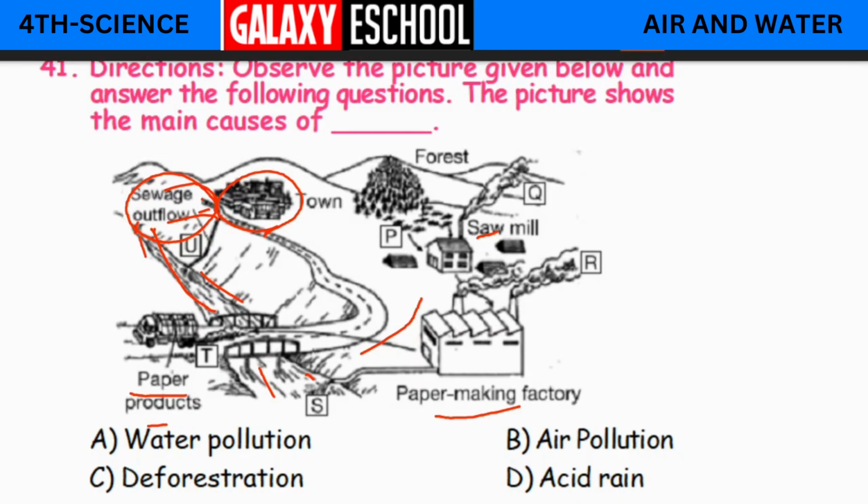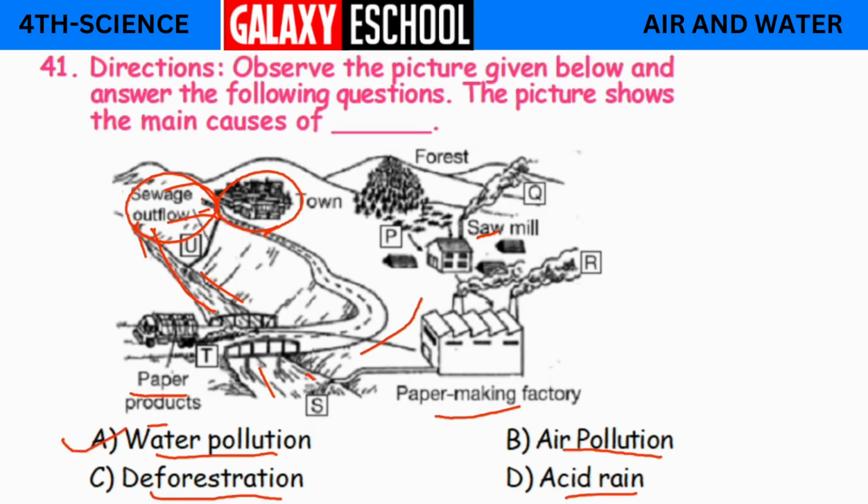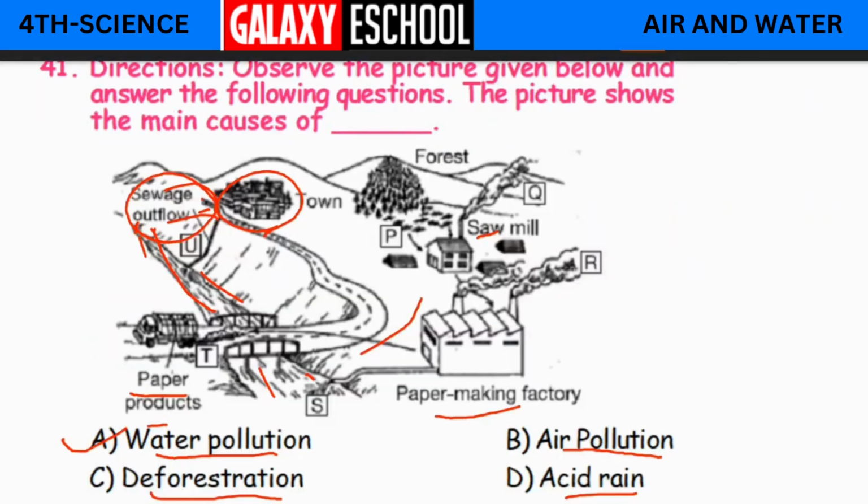So what is this picture telling us? Is it indicating water pollution, air pollution, deforestation or acid rain? And the answer is water pollution. Clear, children? Answer is water pollution. You can also see here, whatever waste there is from this paper making factory is also mixed in this water.